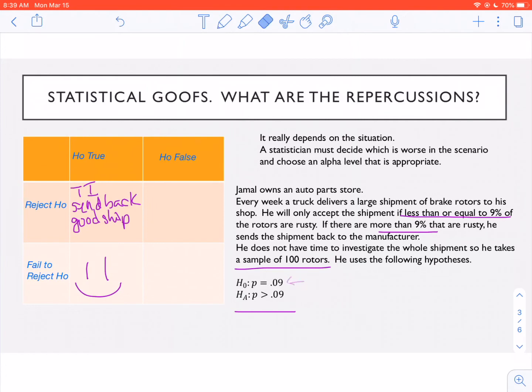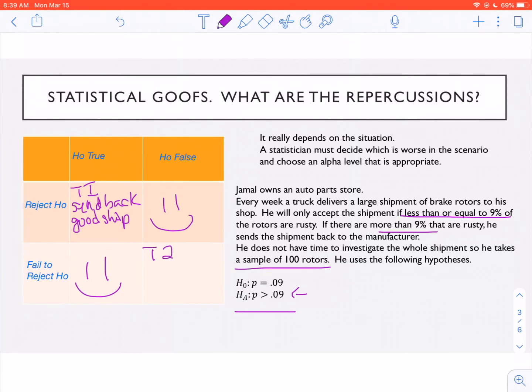What about the other situation? What if H naught is actually false? That means that HA is true and we reject H naught. That's a good scenario, a correct decision. But if H naught is actually false and I fail to reject it, that's a type 2 error.